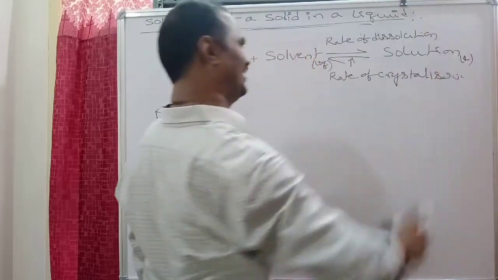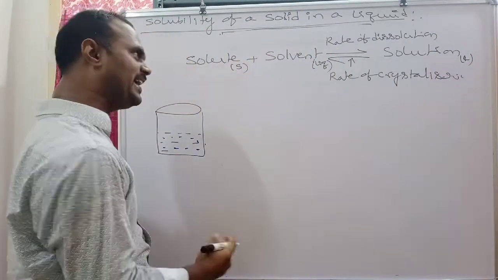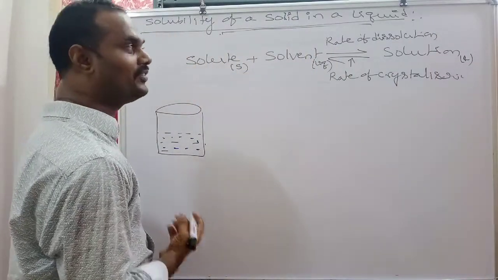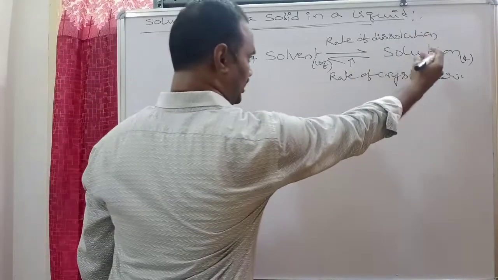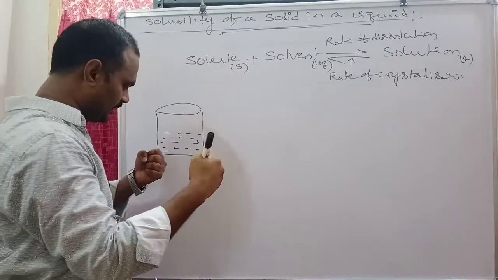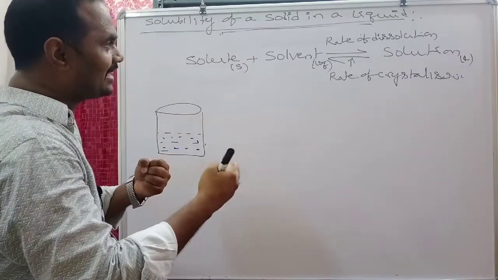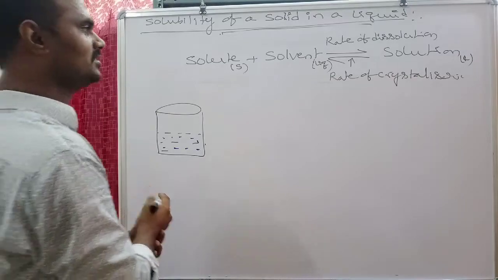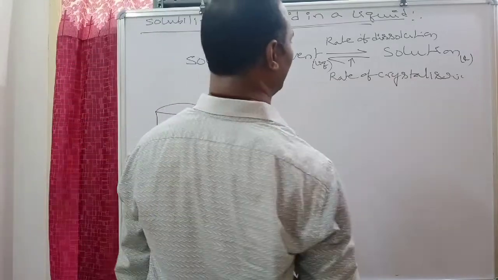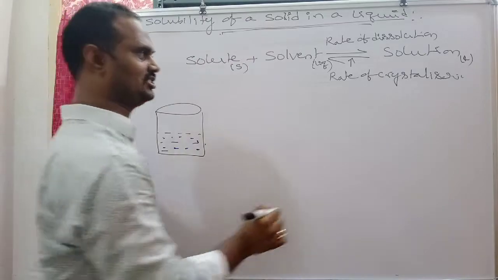The forward process is dissolution, and its speed is the rate of dissolution. Already dissolved solute particles collide with each other, solidify out or crystallize out. That speed we call rate of crystallization.